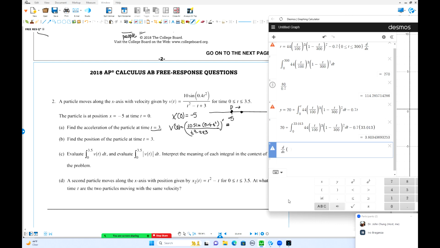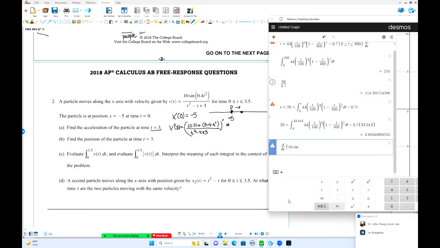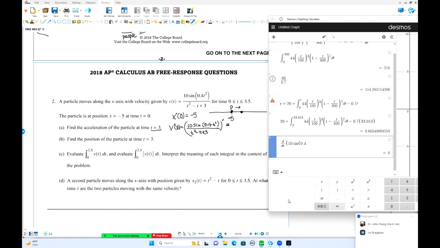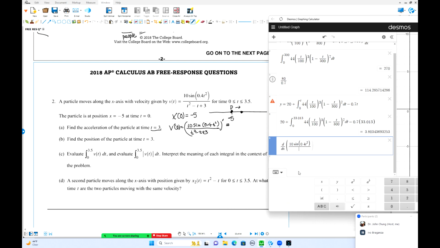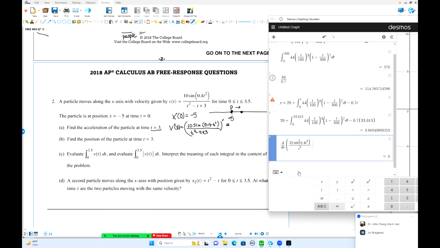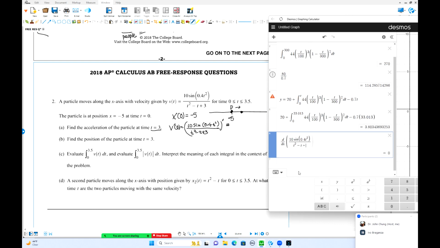So 10 sine 0.4 t squared over t squared minus t plus 3, okay?